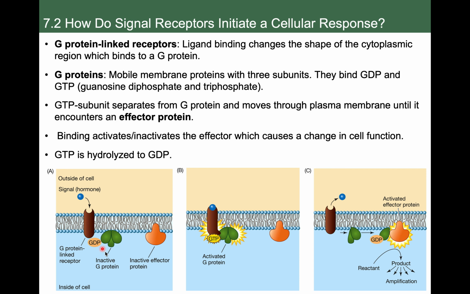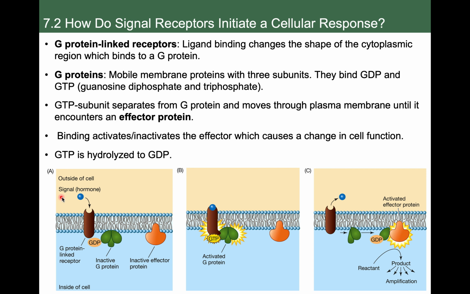And you can see the G protein actually has a few different pieces or subunits. The default state is that the G protein is inactive, and it's inactive when it is bound to this molecule called GDP, guanosine diphosphate. This is similar to ADP, adenosine diphosphate, which would be a precursor of ATP, so it's sort of an energy molecule precursor.